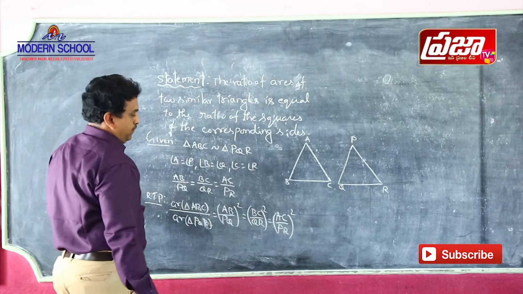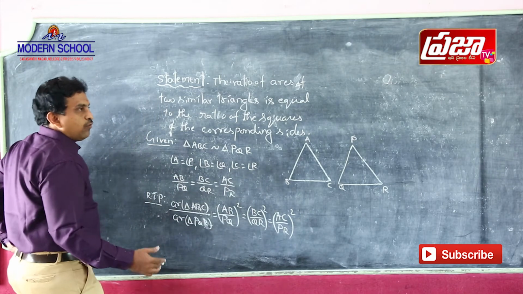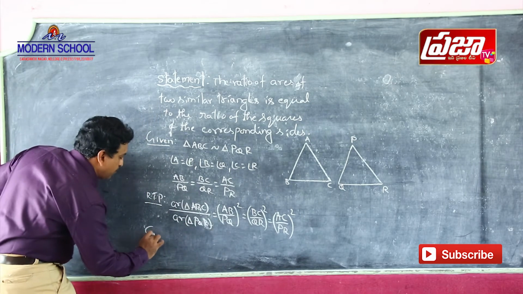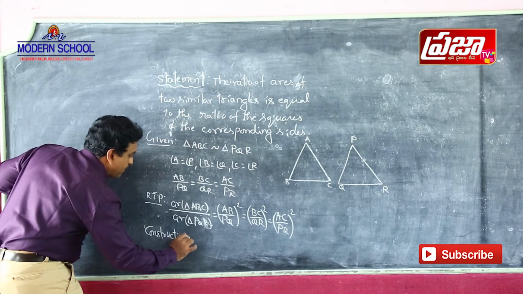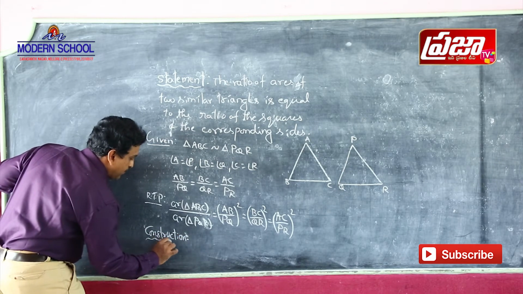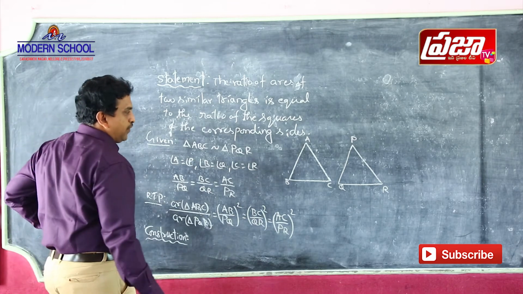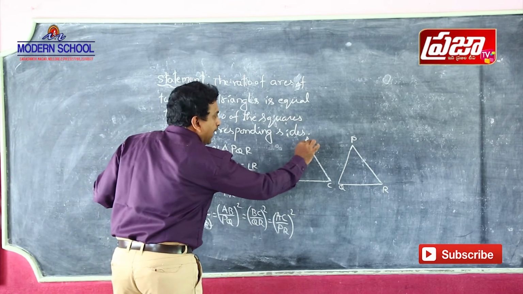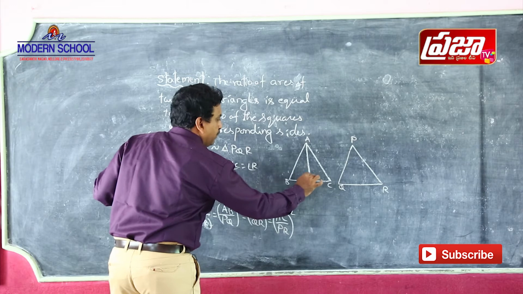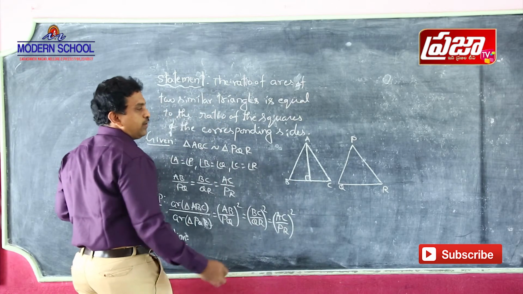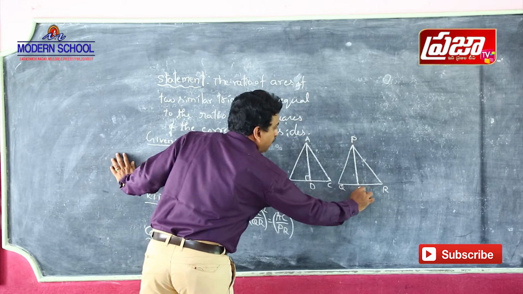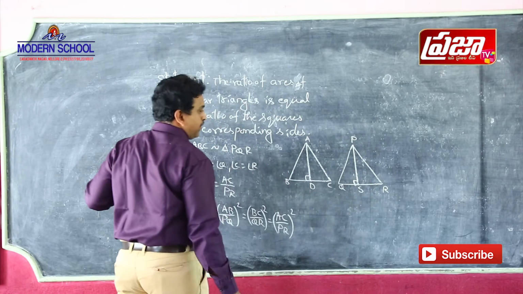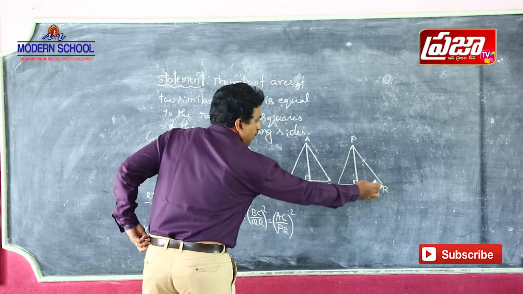To prove this, how to do the construction? What is the construction part? The construction part is to draw AD perpendicular to BC and draw PS perpendicular to QR.